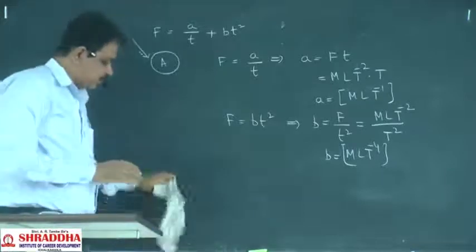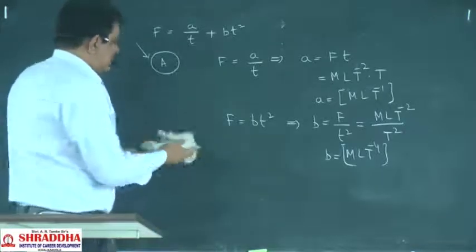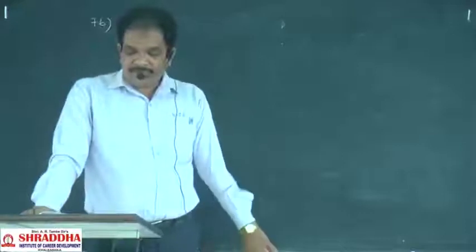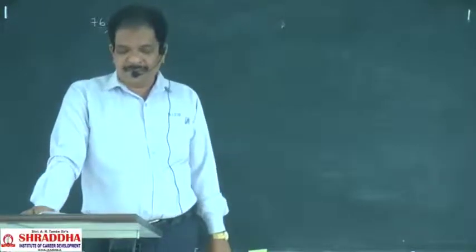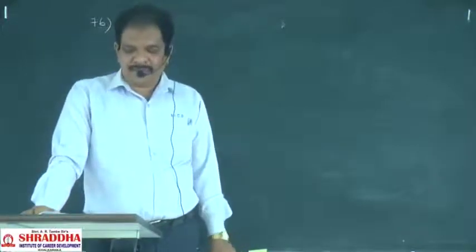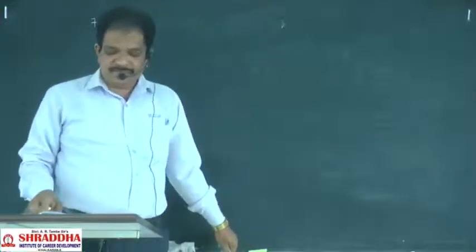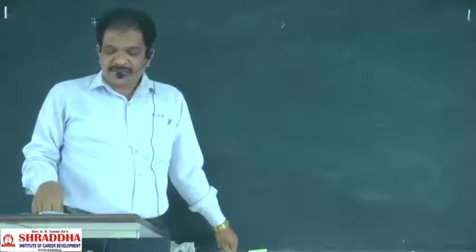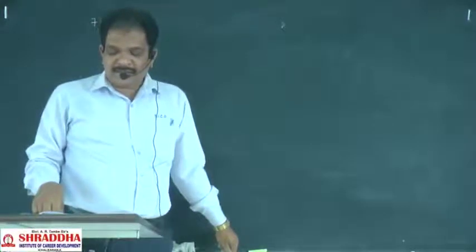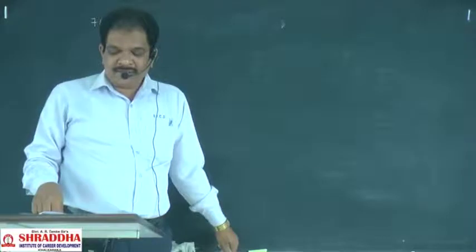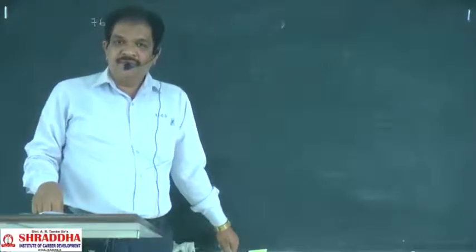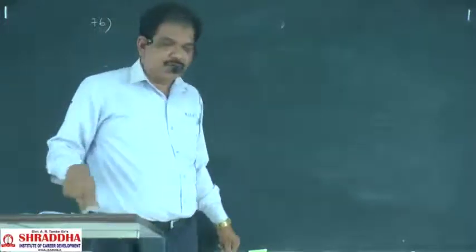76. What are they asking, see. Mu is equal to A plus B by lambda plus C by lambda square, which is dimensionally correct. A, B, C are constants, where lambda is the wavelength and mu is the refractive index.